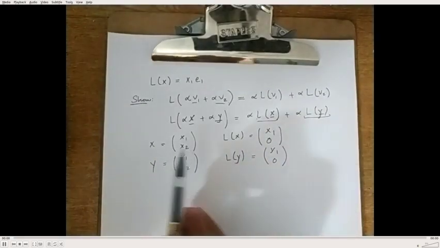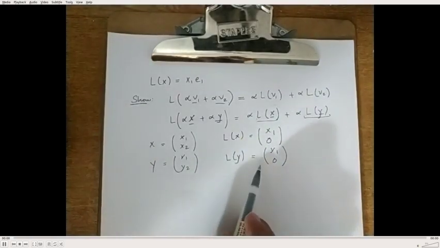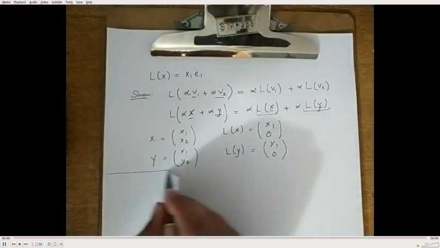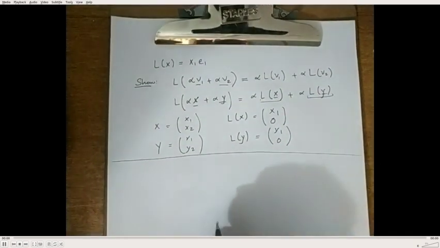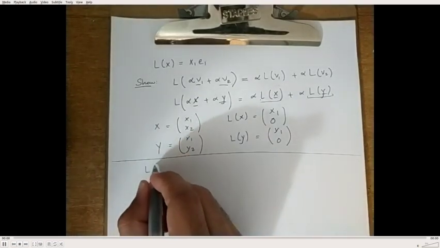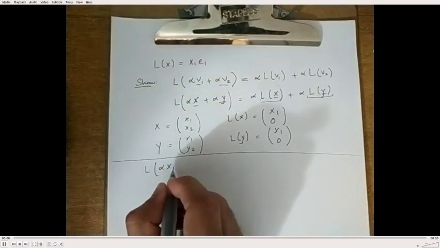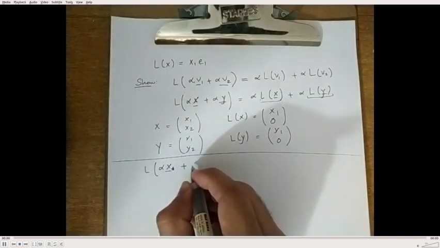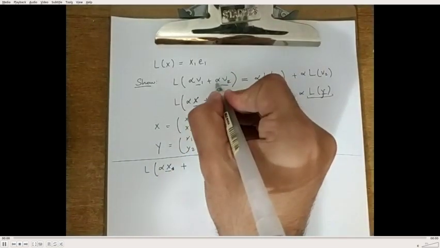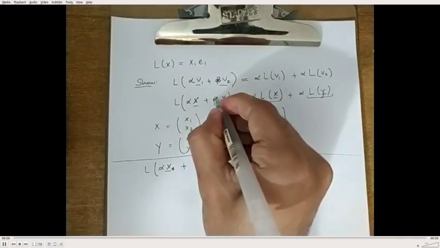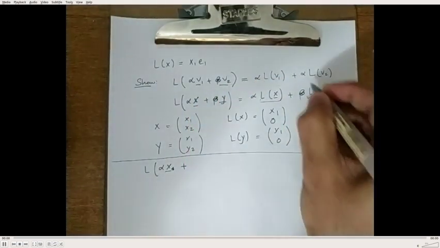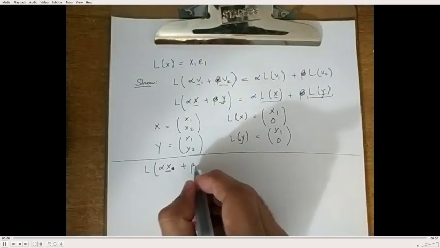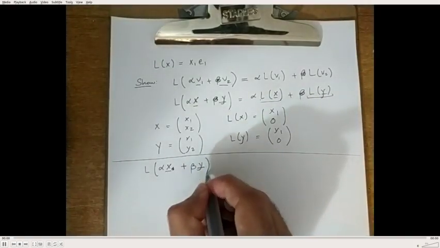This is just applying the transformation individually. Now I want to show this. So let's take a linear combination of these two vectors: L of alpha x plus beta y.